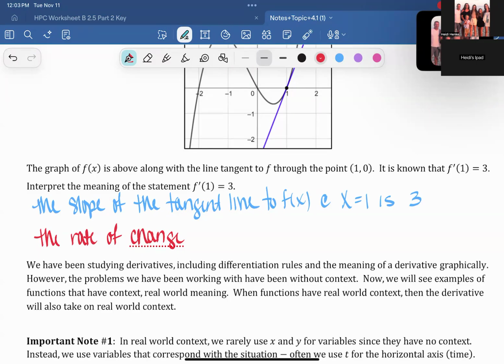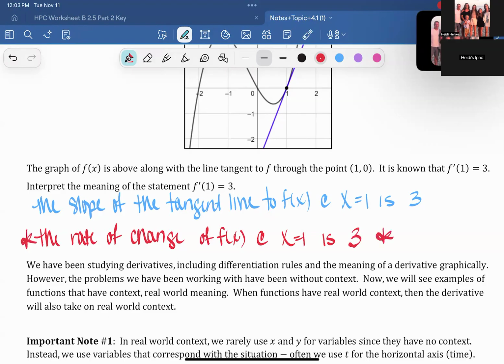Sometimes you're going to say derivative, sometimes you're going to say slope of the tangent line, sometimes you're going to say rate of change of the function. Okay, so the rate of change of our function, f of x, at specifically x equals 1 is 3. This is kind of more of the gist of what we're going to be talking about today.